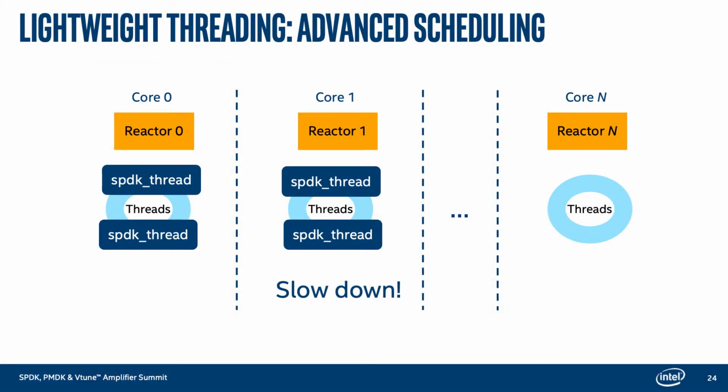So the big idea of advanced thread scheduling is we can use these busy indications to reschedule the lightweight threads. And I've got a picture. So let's say we start out at the beginning of time and we have one SPDK thread on each of 2 cores.